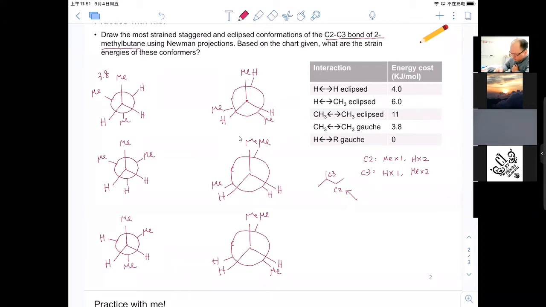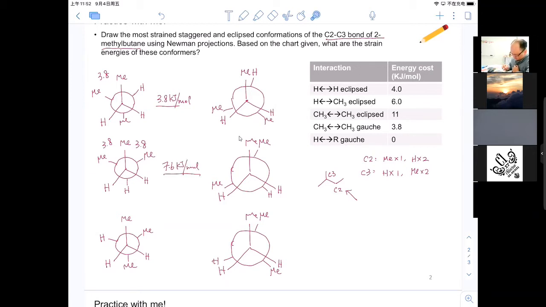So the total is 3.8 kilojoule per mole. Let's see the second one. The hydrogen doesn't have energy cost, but now we have 2 pairs of methyl gauche, right? This is 3.8, this is 3.8. Now we have 7.6 kilojoule per mole.